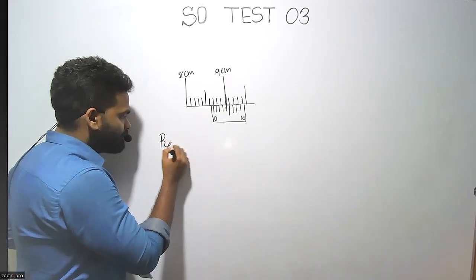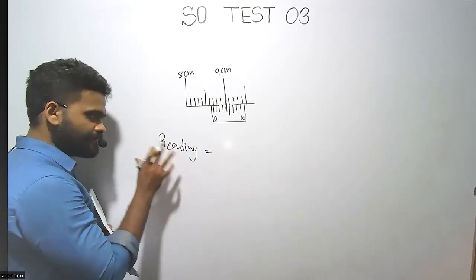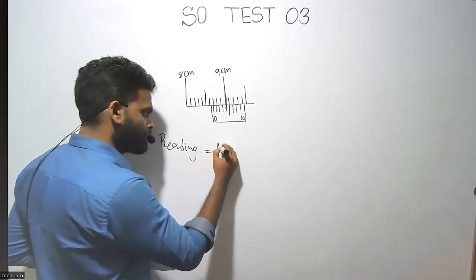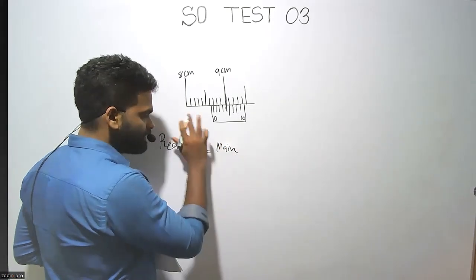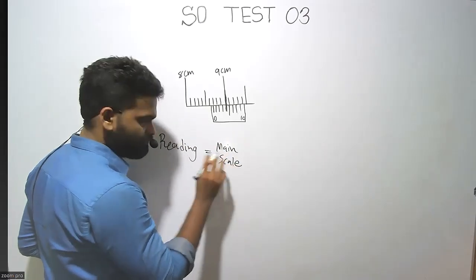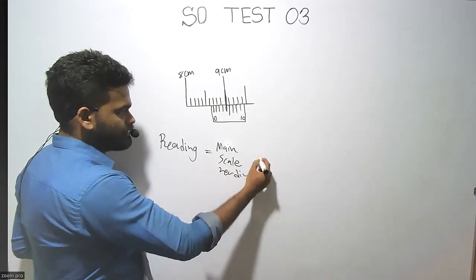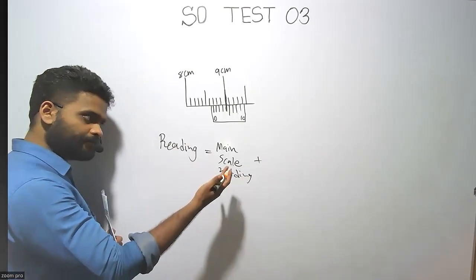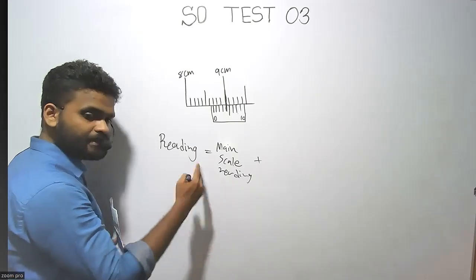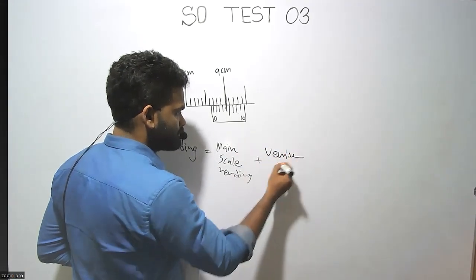A reading from a vernier caliper: part of the reading can be taken using the main scale only. So why do we use vernier? When we don't have enough accuracy, we go for the vernier reading.